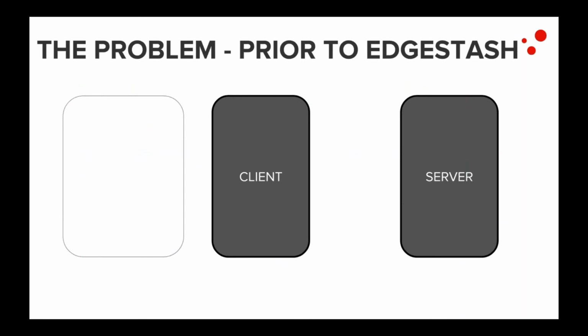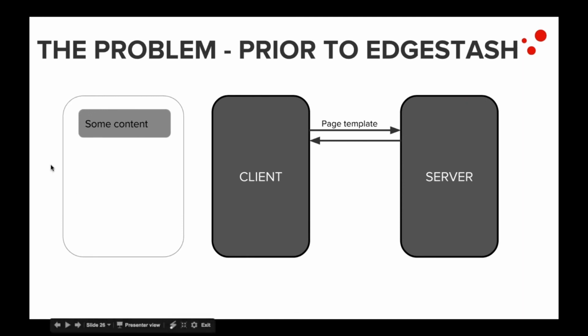So if you don't have Edgestash in place, let's consider this scenario. On the left, the white page you see here is the final web page the user wants to see rendered. The client will have to issue a page template request, and we, as users looking at our phone, will first see some content rendered here.